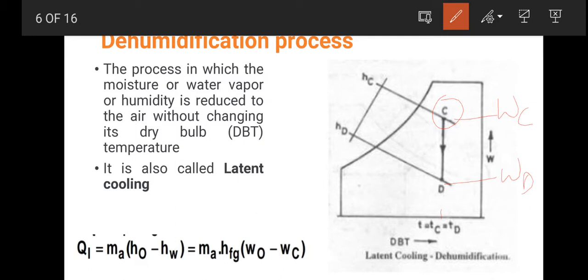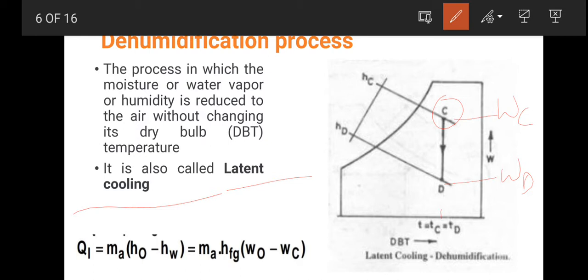Then, keeping the dry bulb temperature constant and decreasing the specific humidity of the moist air, we call it latent cooling, or the dehumidification process. Dehumidification means removing the water content from the moist air.